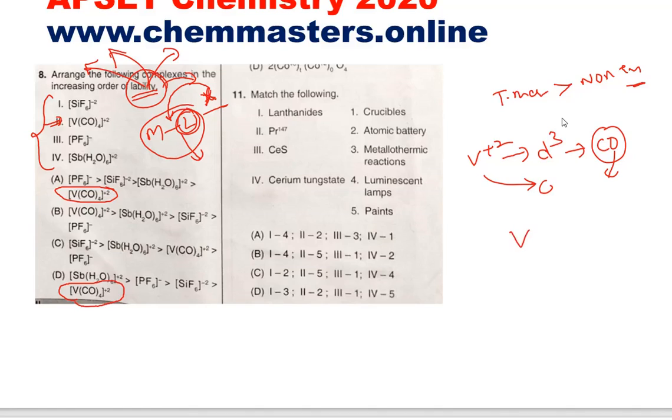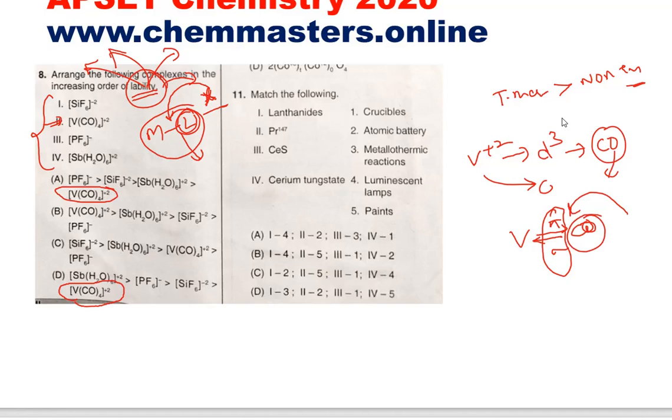Due to the pi accepting nature, CO can make a sigma bond and also a pi bond by dragging electrons towards it from the metal. So you can see two bonds, and that's why it is very difficult to cleave the CO ligand.